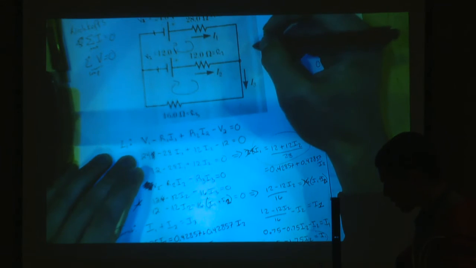So we found one of them, I2. And essentially what we can do is plug this into our other one, get I1, and then we plug those two into here and we get I3. Okay, so coming up here to complete our work, we have I1 is equal to 12 plus 12 times I2, which is 0.1475, divided by 28.